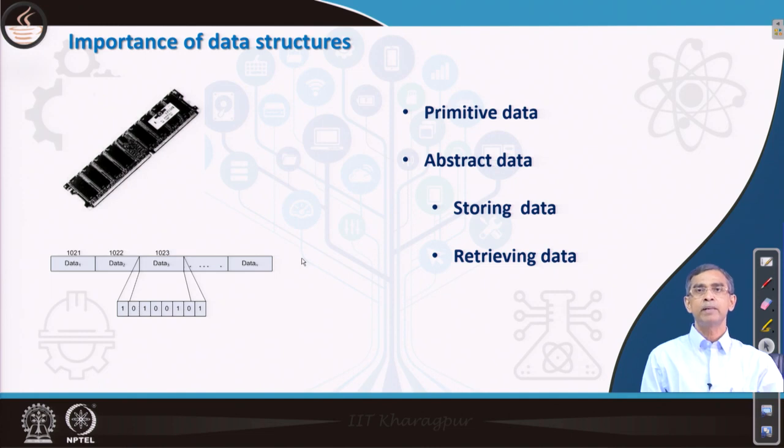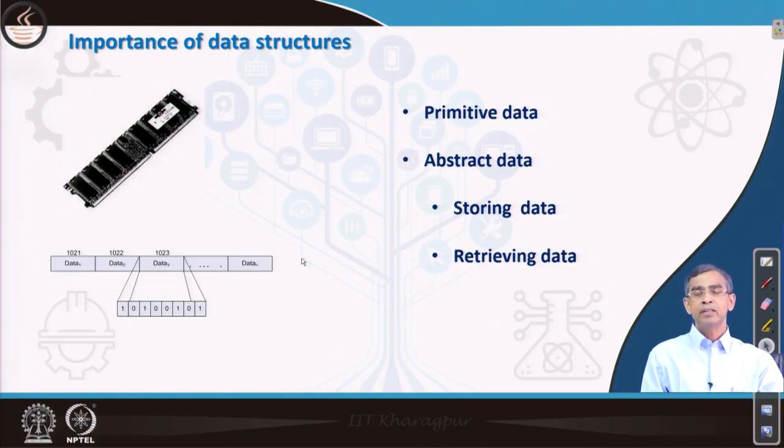Unlike in the case of primitive data, the different operations, the different processing that you want to do, for example how to store such data, how to retrieve the data from memory, how to do certain operations on the data, for example in the case of an image, how you can revert, zoom or remove the noise and so many things, are the user's responsibility.